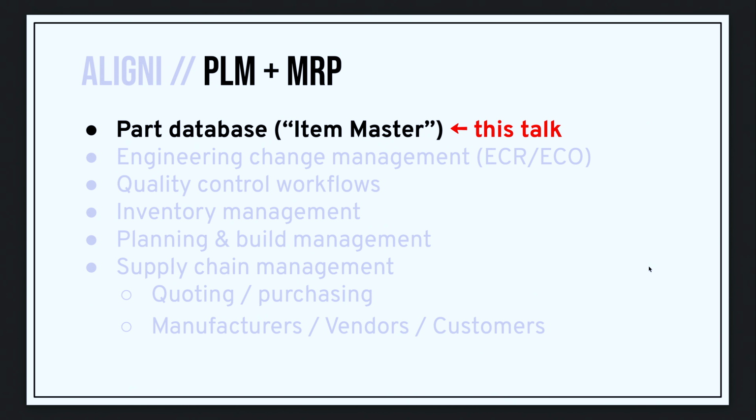So this talk is solely about the very first piece of this, which is the part database. This is the core piece that makes everything else in the list work. It's basically the part numbers, the part data that drives all of the other parts of the workflow.